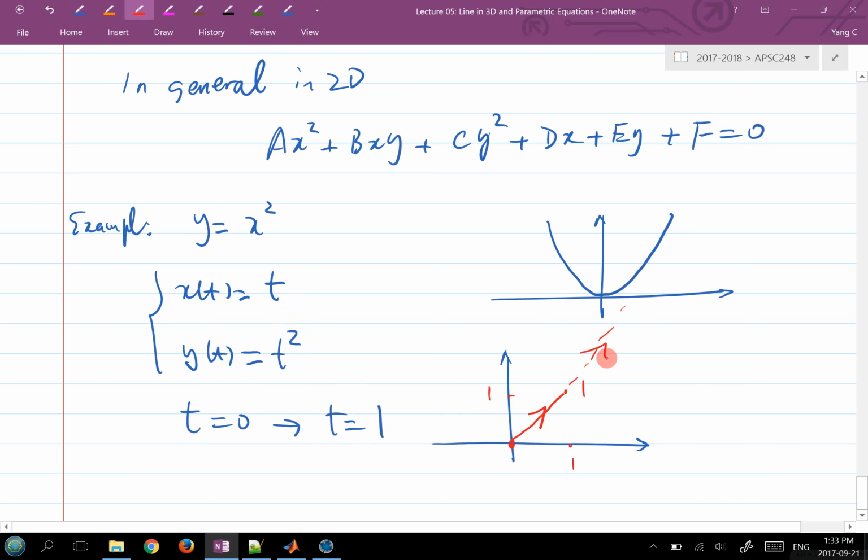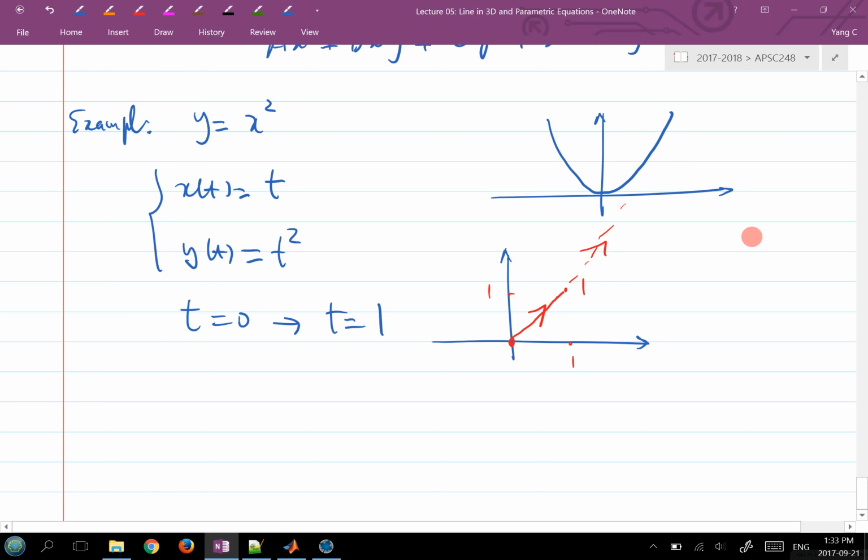That makes sense? Now I'll give you a slightly different situation. This is point A, this is point B. Suppose that A here is (1, 1), could of course be (0, 0).